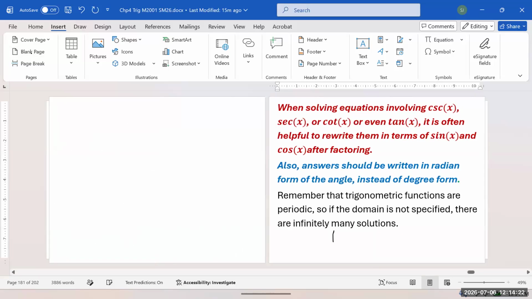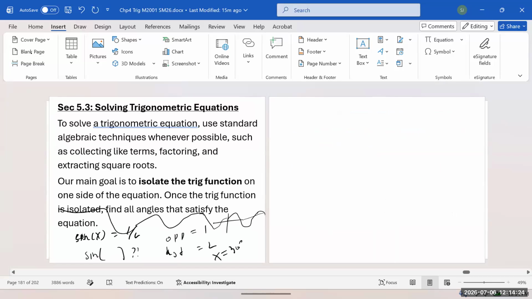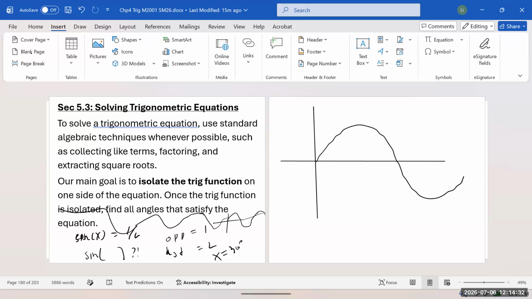One page. Okay. So for example, if you look at only one cycle of the sine, it goes up, goes down, and here, right? That's one cycle from 0 to 2 pi. Now we know highest is 1, lowest is -1.